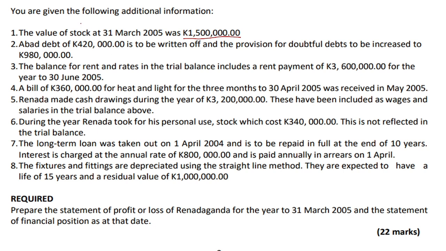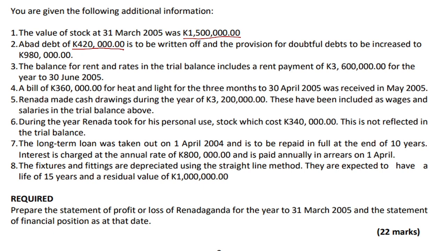Now, take note also, number 2, a bad debt of 420,000 was written off. Meaning, you had people who are owing you. Then from those debtors that you had to write off this value because you are not sure whether those people are going to pay you. So they are a bad debt. They are not going to make a payment.